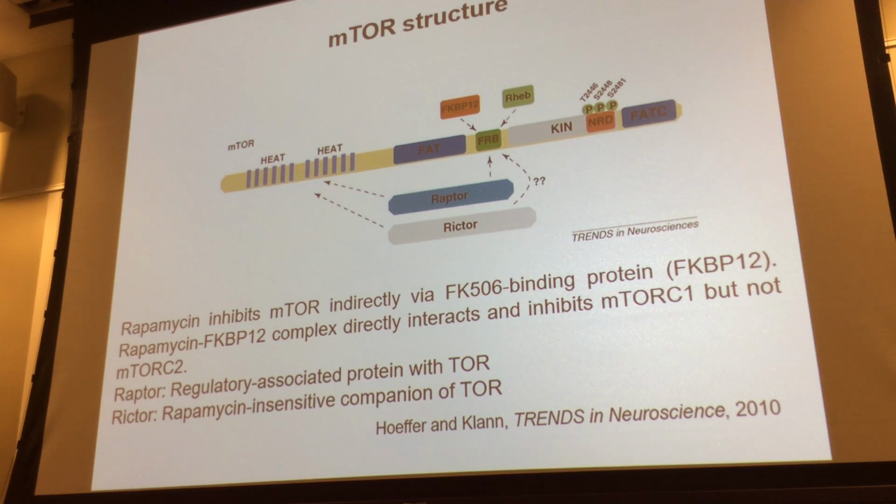Now, why is this important? Because an interesting and very important question, which has been studied for many years, is how rapamycin can inhibit mTORC1. Right. So as I said in the very beginning, mTOR is the mammalian target of rapamycin.